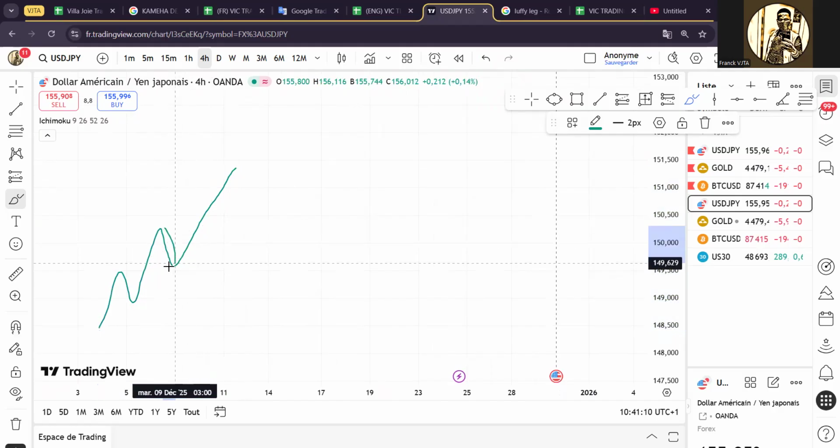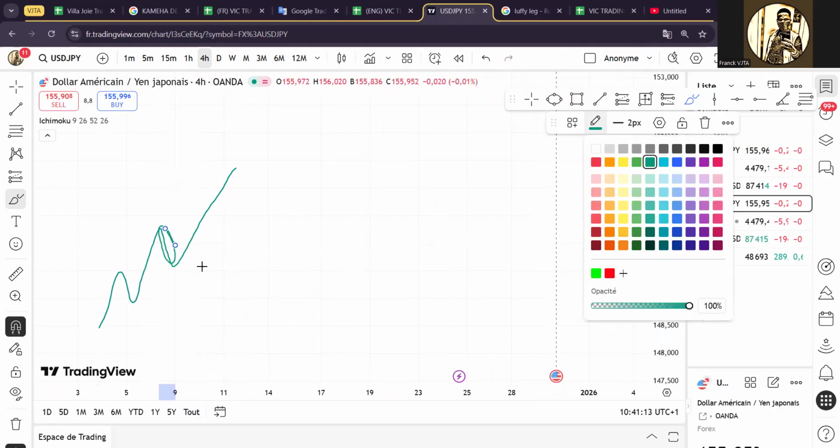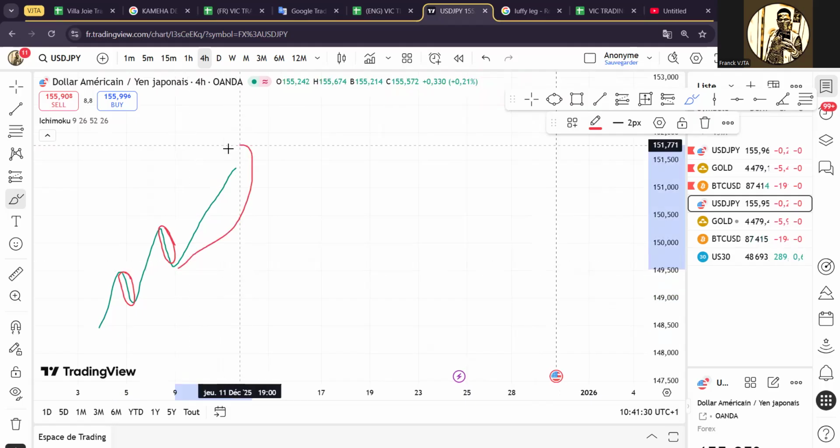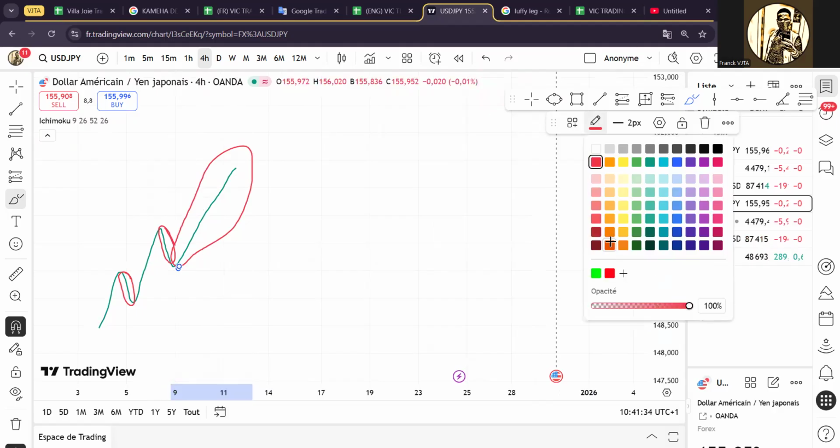But this correction, this pullback, has red candles, right? That is for the bullish movement, a rising movement, a buy movement. But the last leg is a long leg like this. This long leg is what I call the Luffy leg.